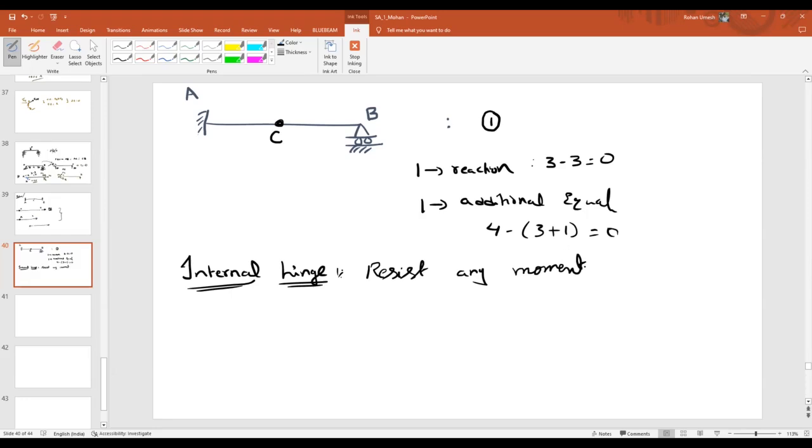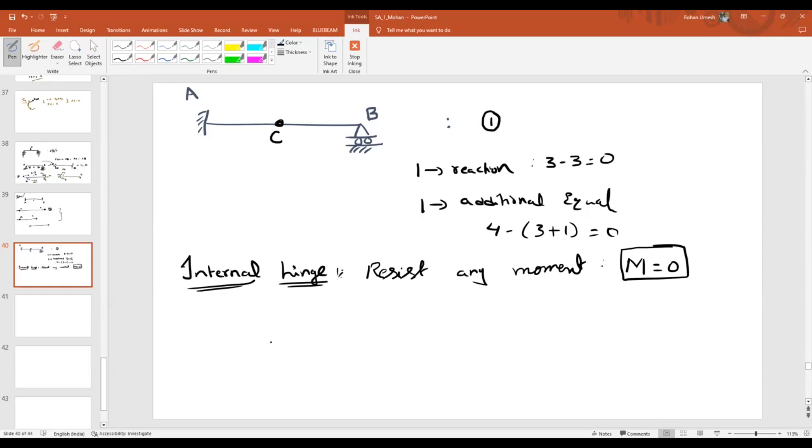That means it won't have any capacity to resist the applied moments. That's why the moment at an internal hinge will be equal to 0. So wherever there is an internal hinge, the moment will be equal to 0.